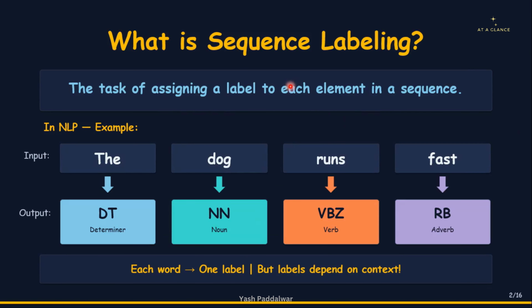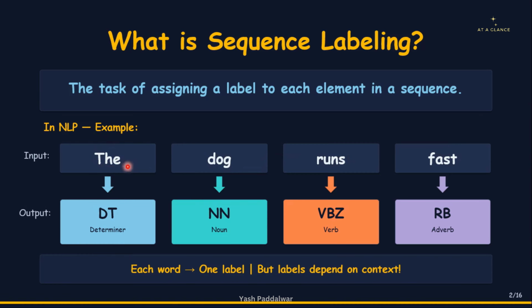Now, we'll first see what exactly sequence labeling means. By definition, it is nothing but the task of assigning a label to each element in a sequence. In this example, we can clearly see we have a sentence: the dog runs fast. For each word or each token, we have assigned a label.